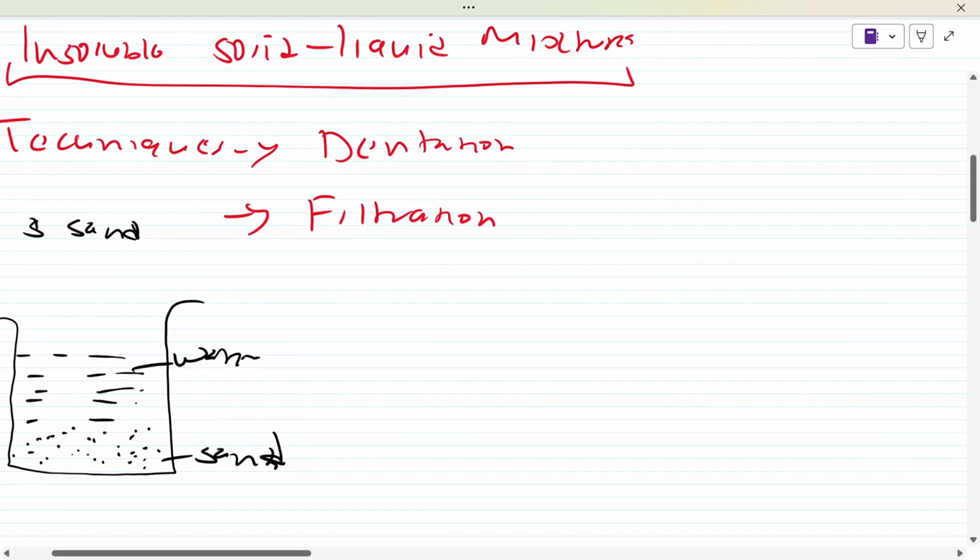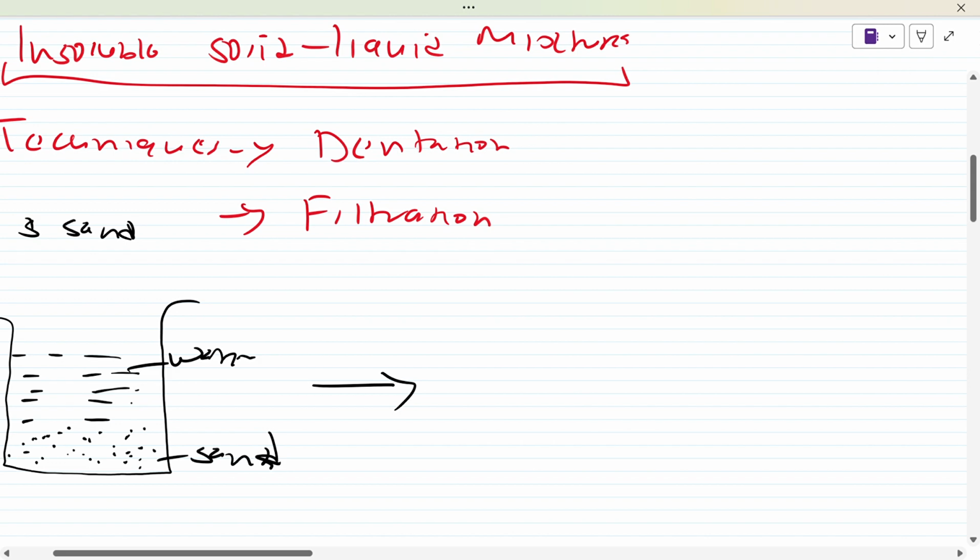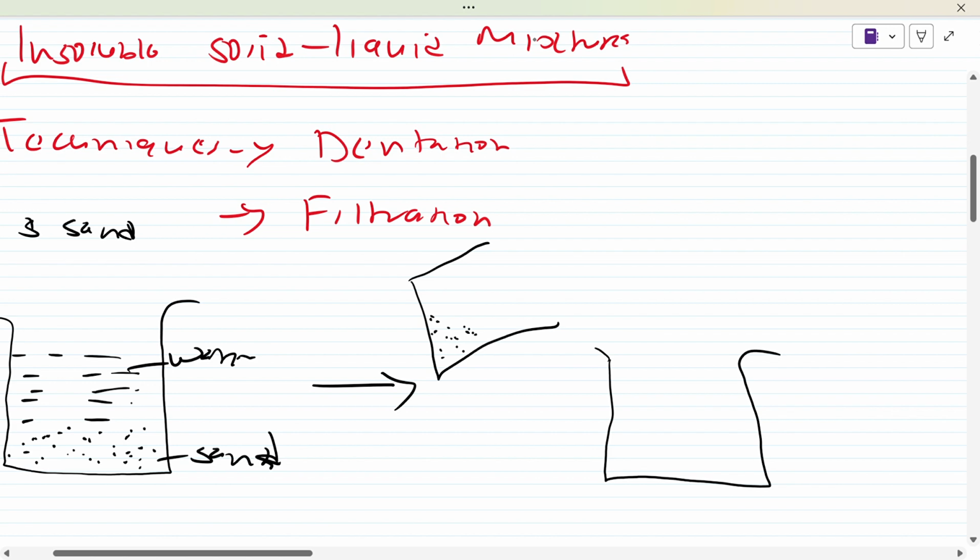So I can decide that to separate them, I'm going to take a clean beaker, then I'm going to pour out my water.